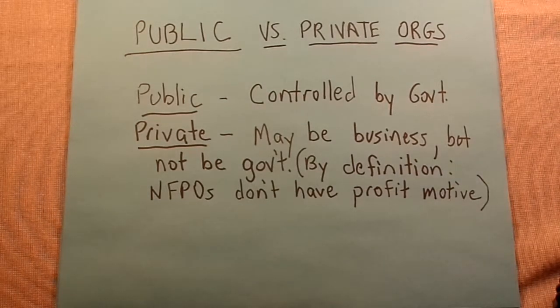So we could add the term public versus private nonprofit organizations, because we're not talking about for-profit organizations. A public one is controlled by the government. A private one may be a business, but it cannot be a government. Also, by definition, not-for-profit organizations don't have a profit motive.